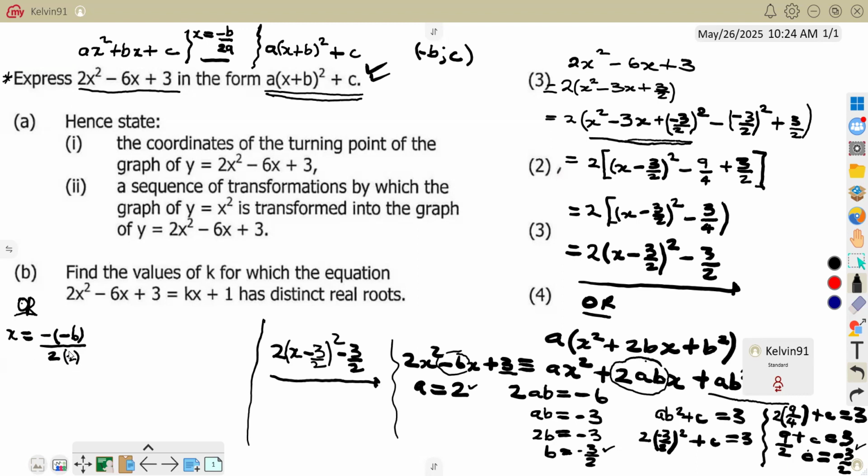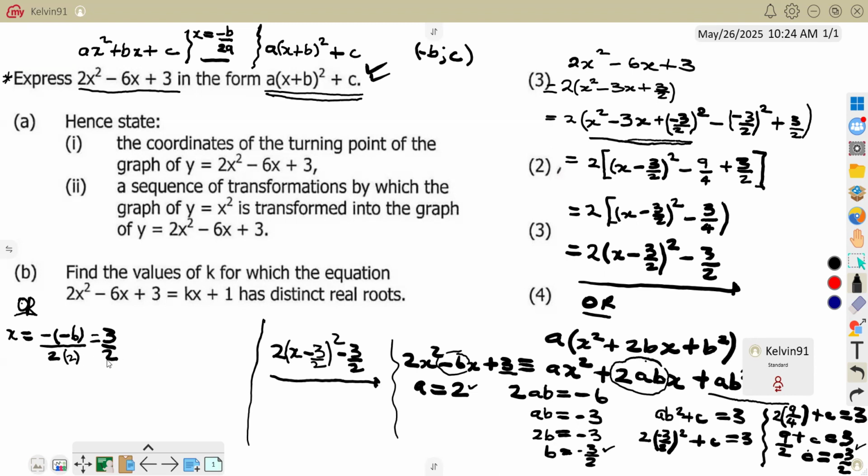If we punch this on the calculator, we are going to get 6 divided by 4, which gives you 3 over 2 here as the x coordinate.